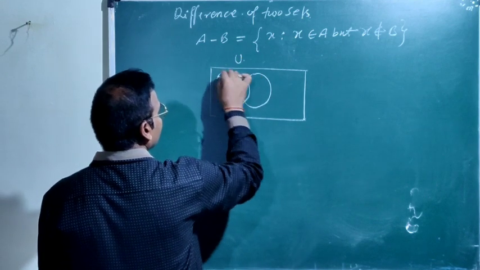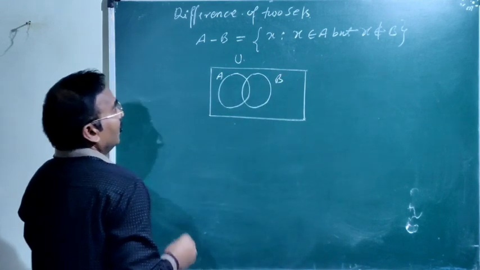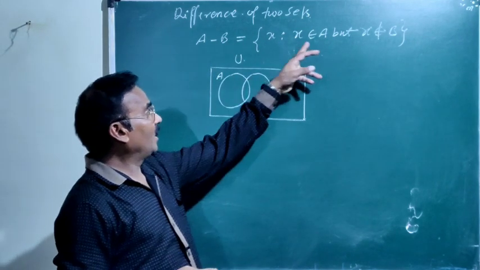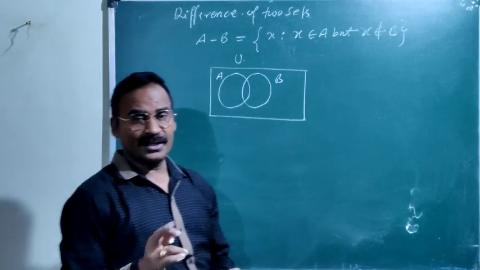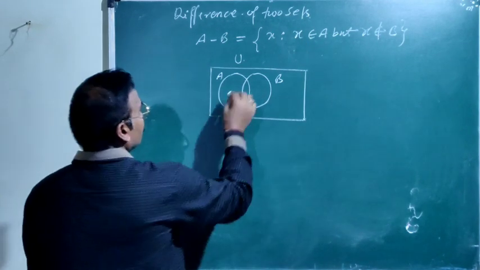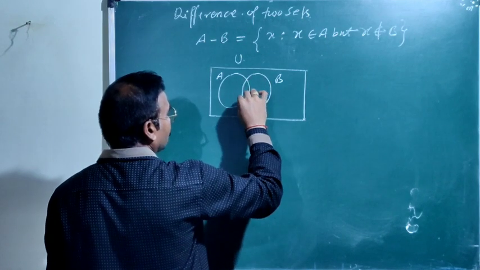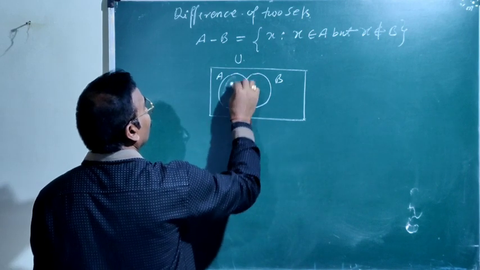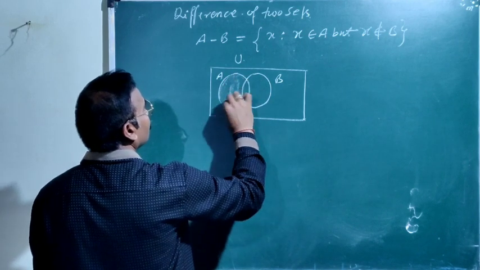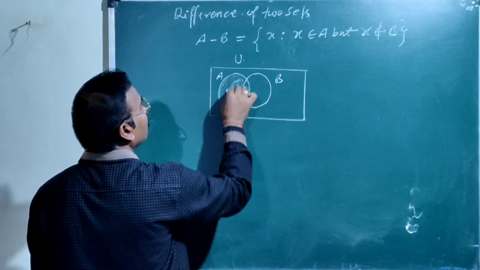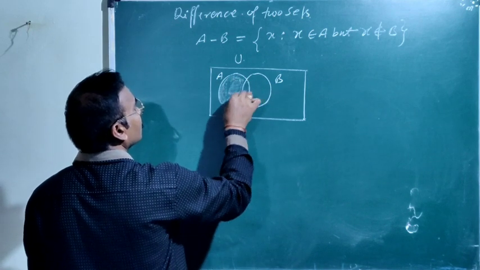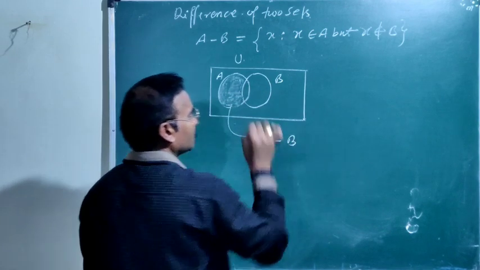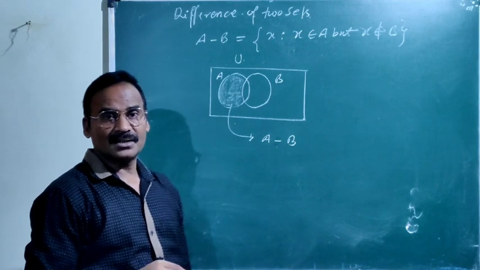This is U, this is A, this is B. A minus B says X belongs to A but X does not belong to B. This part is also part of B, so you have to leave it. This area is called A minus B.